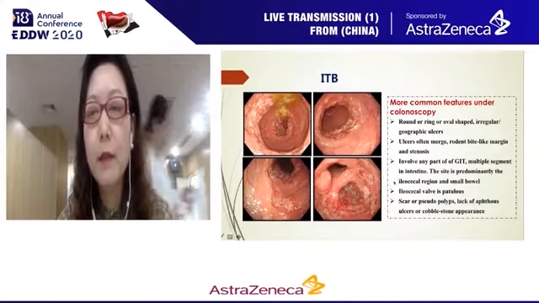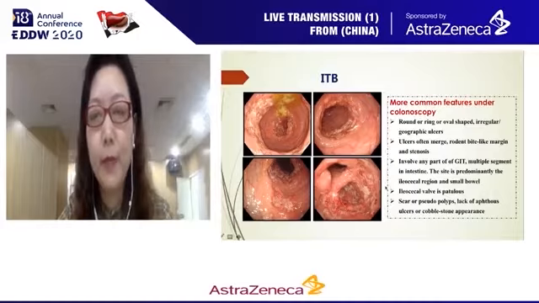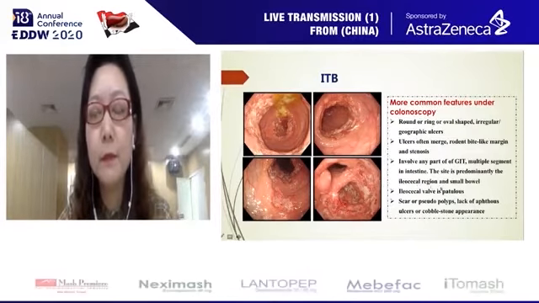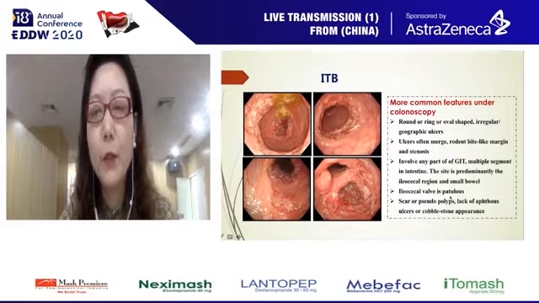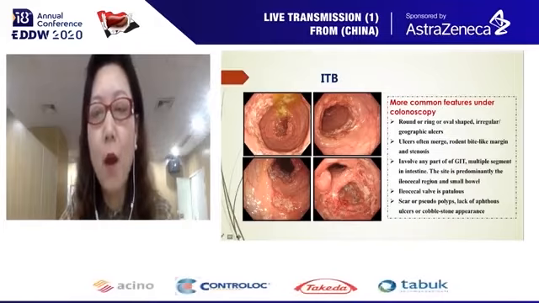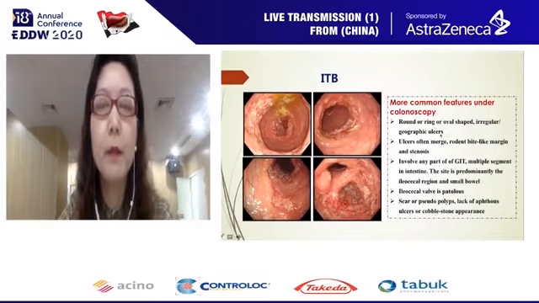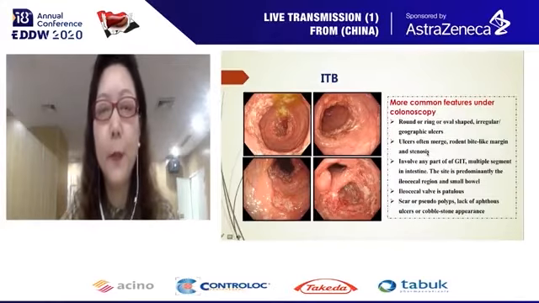The site is predominantly the ileocecal region and the small bowel. The appearance of ileocecal valve is very specific. It's patulous, with scar or pseudopolyps, lack of longitudinal ulcer or cobblestone appearance. Here are the more common features of ITB.